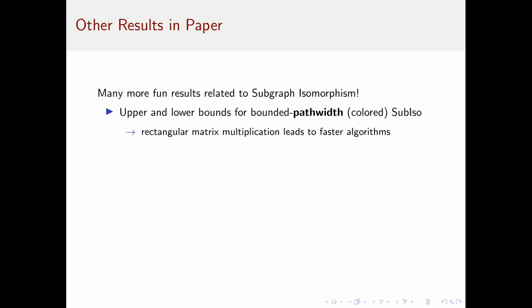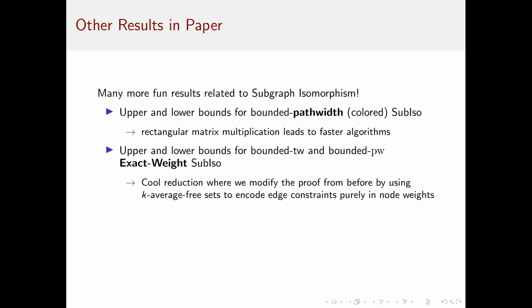And in doing so, we actually show that you can use rectangular matrix multiplication to slightly speed up the algorithms in this setting. We also look at a weighted variant of subgraph isomorphism, and there we show basically tight bounds for several settings.